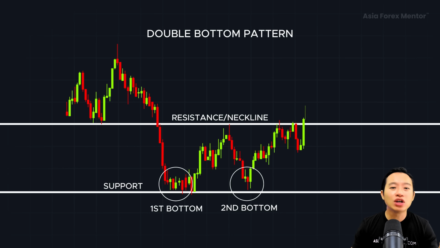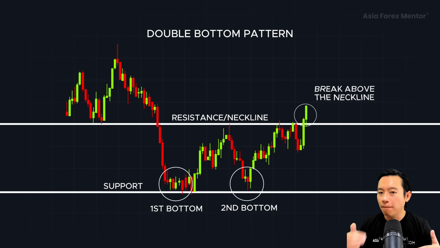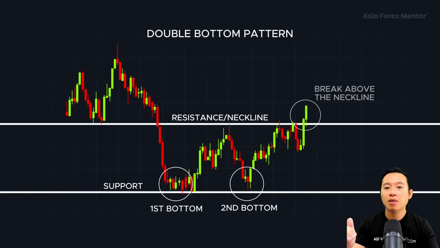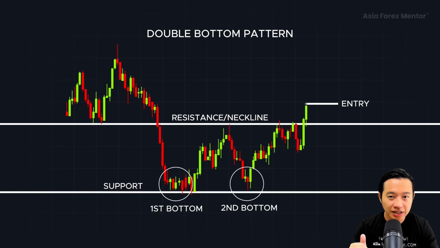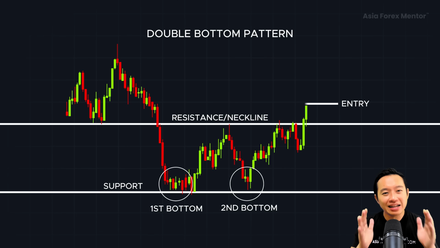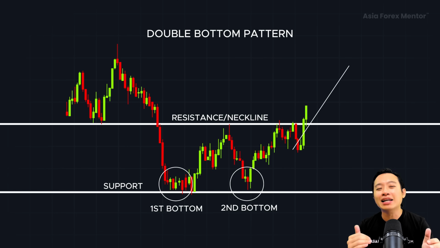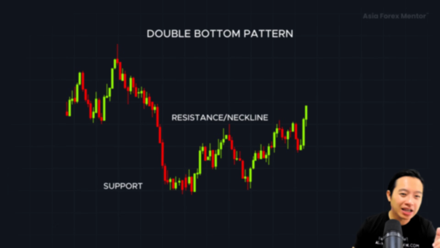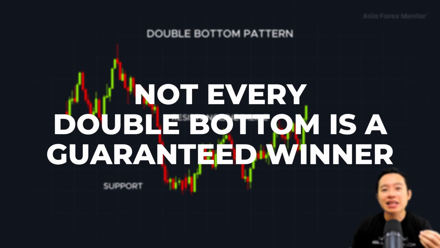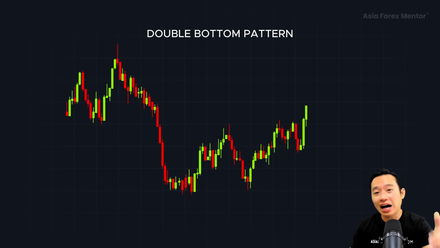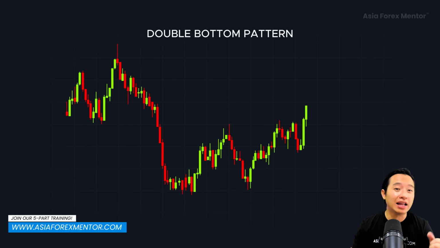Traders often wait for the price to break above the neckline before entering the trade. This is the normal way. This indicates that the reversal is more likely to succeed this way. Remember, not every double bottom is a guaranteed winner. You've got to look at the other market conditions before entering your trade.